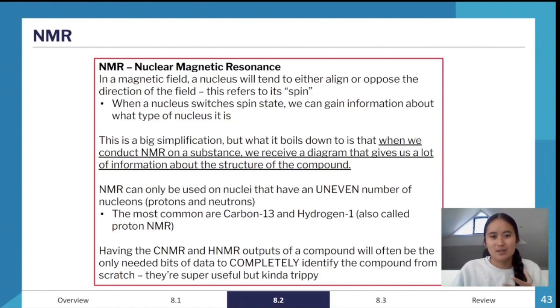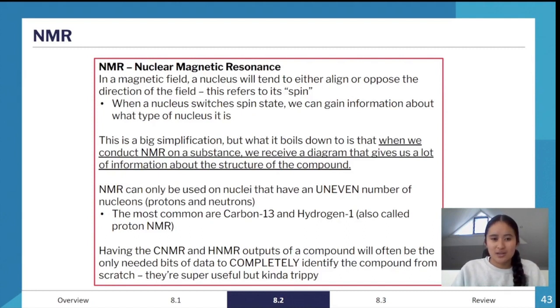That's a really simplified way of saying it, but basically because of NMR, whether it's CNMR or HNMR, which are the two main ones that you'll get in the HSC, all that it comes down to is that it gives us a diagram that can tell us exactly where everything is.